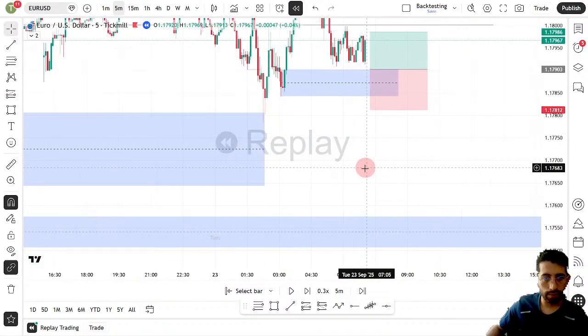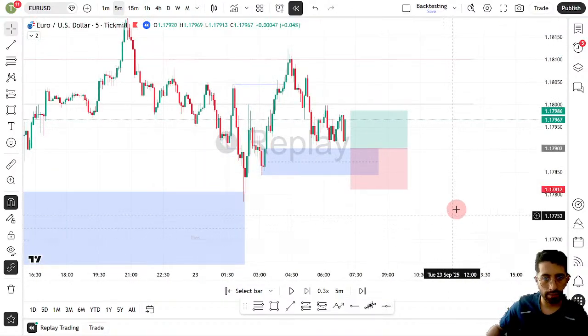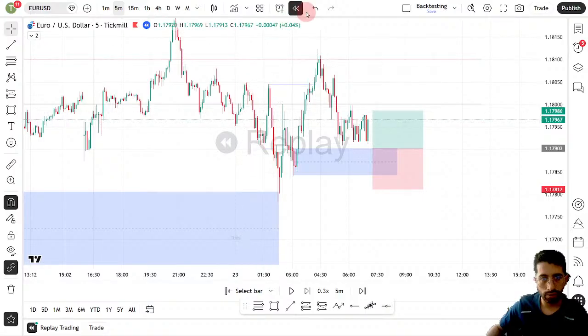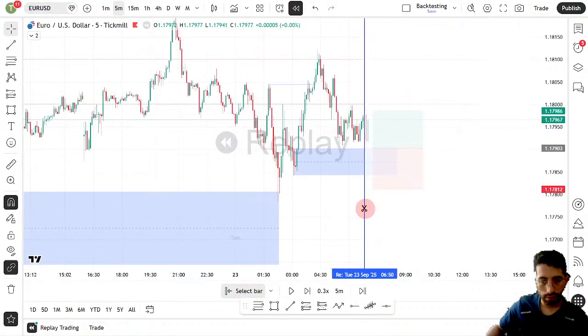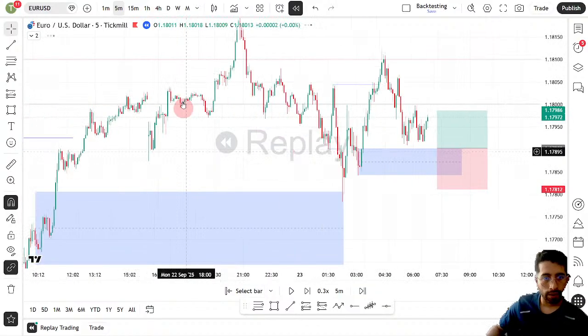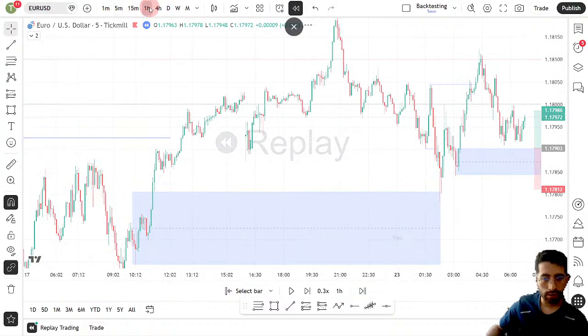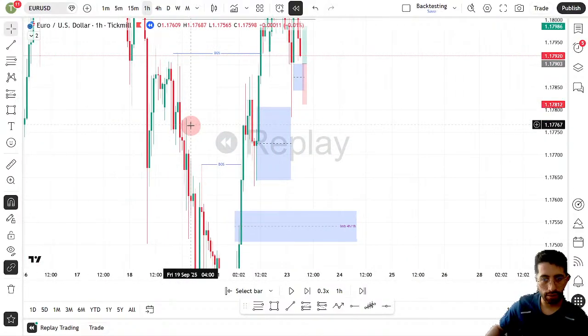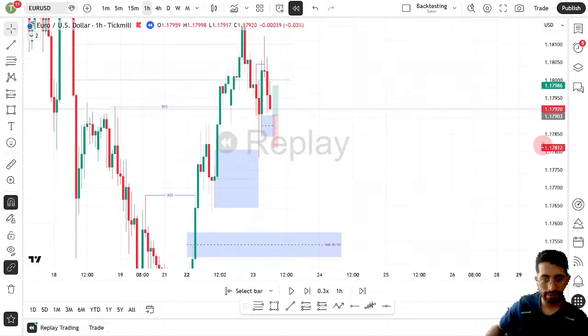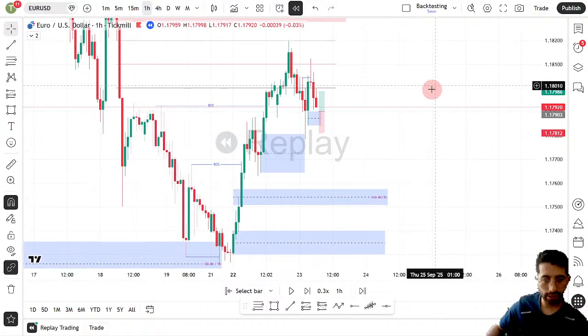Now, another possibility so far is that the price... let me go down just a few bars here. So if I go to 1 hour, I don't want to spoil the next candle. Right. So look at what the price actually is.